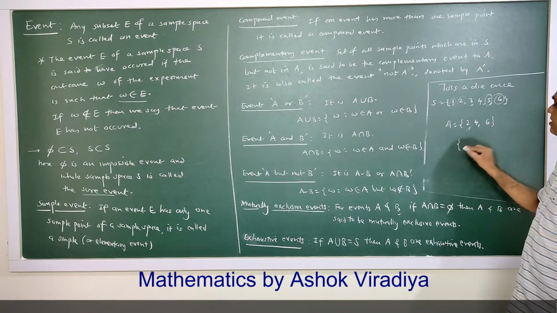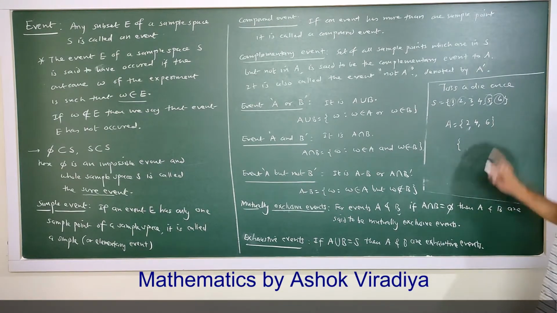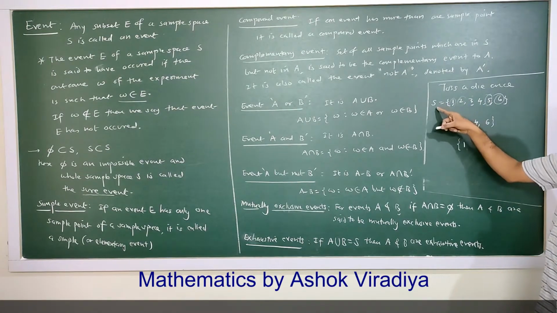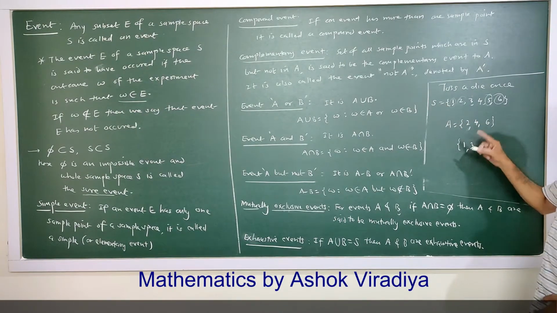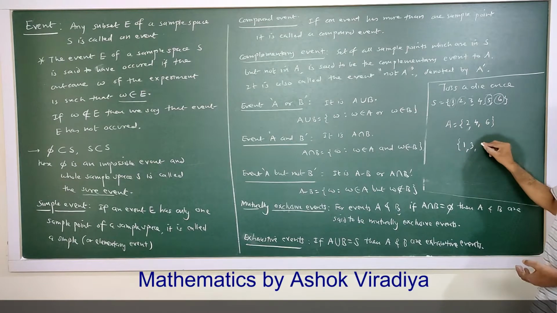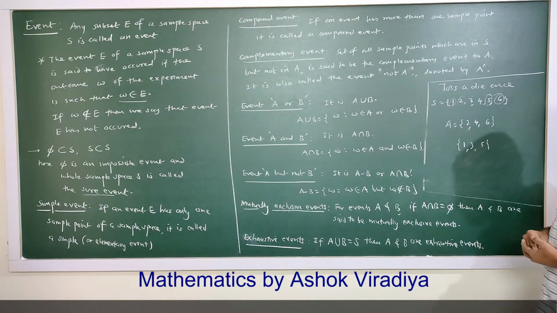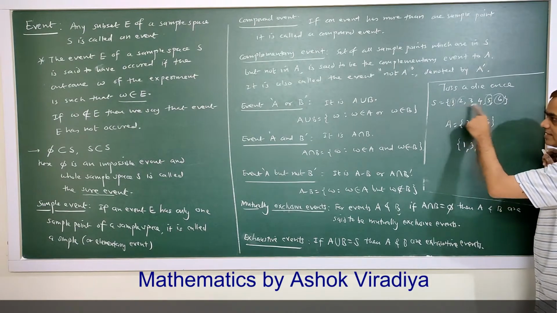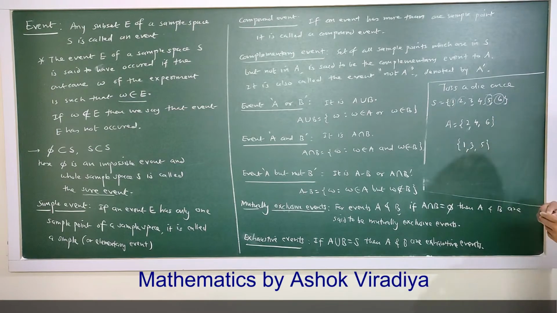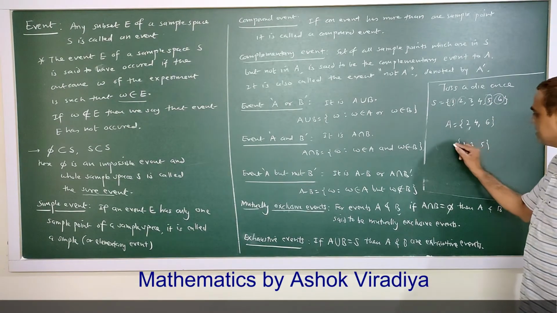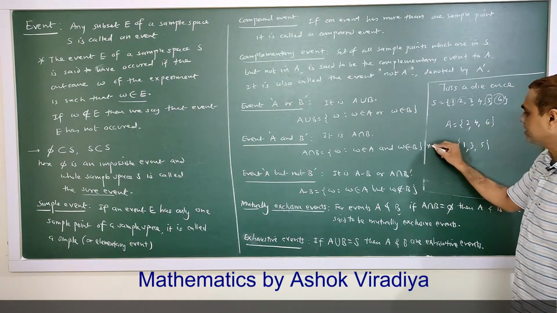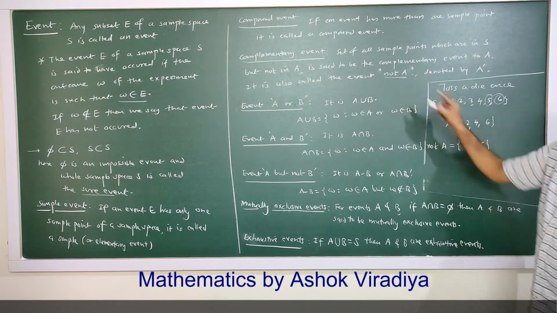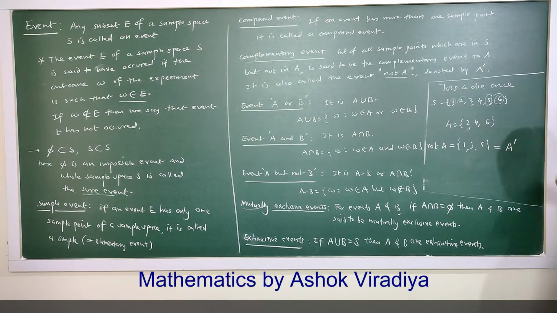Now I put here the outcomes which are in S but not in A. See, 1 is in S but not in A. 3 is in S but not in A. 5 is in S but not in A. So these are sample points which are in S but not in A. So this event is said to be not A. The notation for not A is A dash.